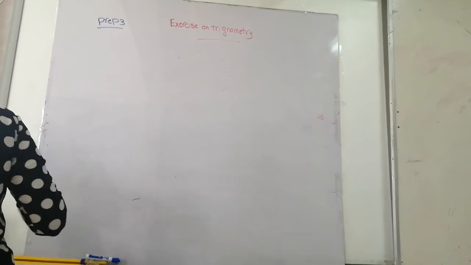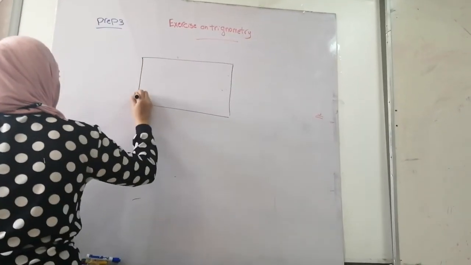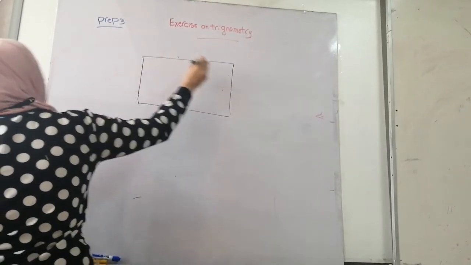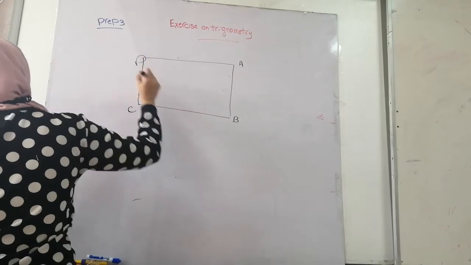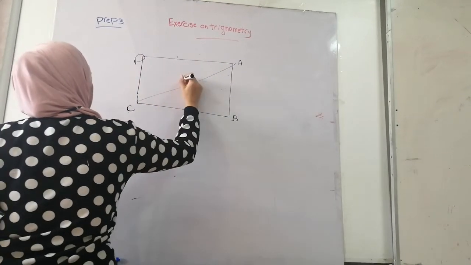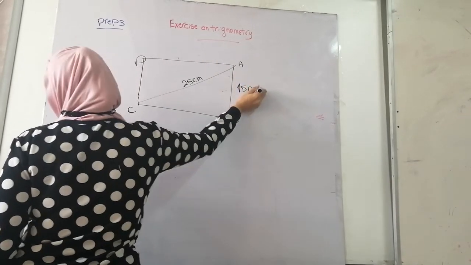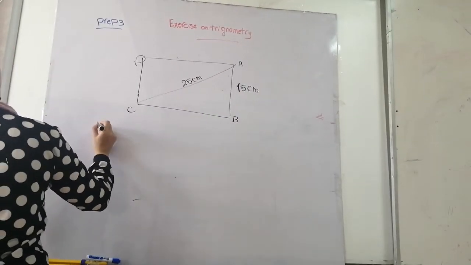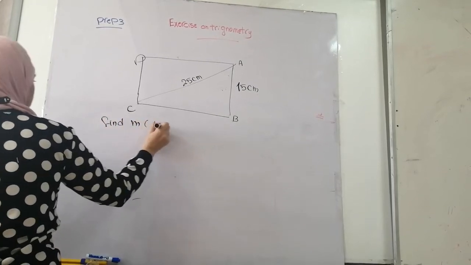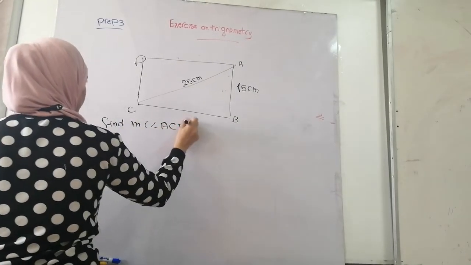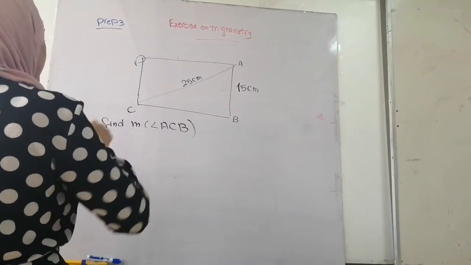He says I have a rectangle ABCD, with this side 25 centimeters and this one 15 centimeters, and find measure angle ACB. We should find this angle.